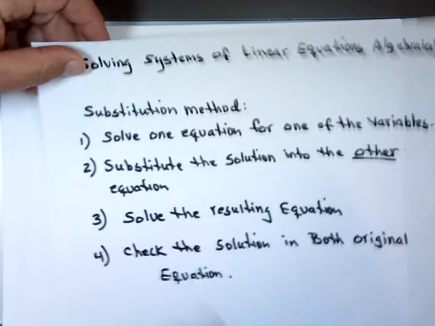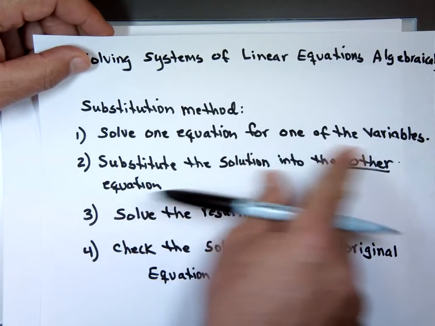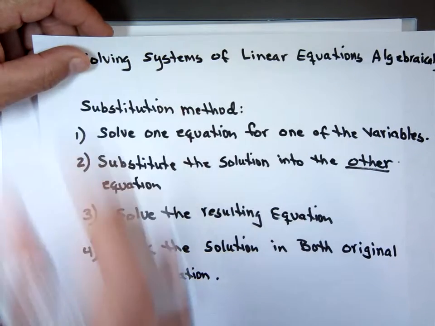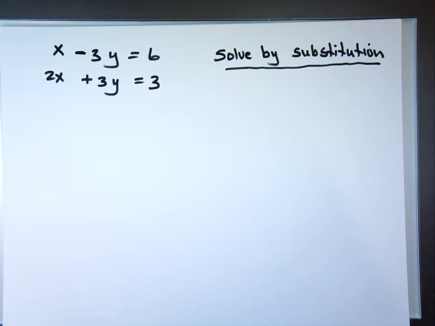It says solve one equation for one of the variables. It doesn't matter which one, the top, the bottom, x and y, it doesn't matter. The easiest one to solve for is what? Which variable in which equation? X in which one? The top one, absolutely.